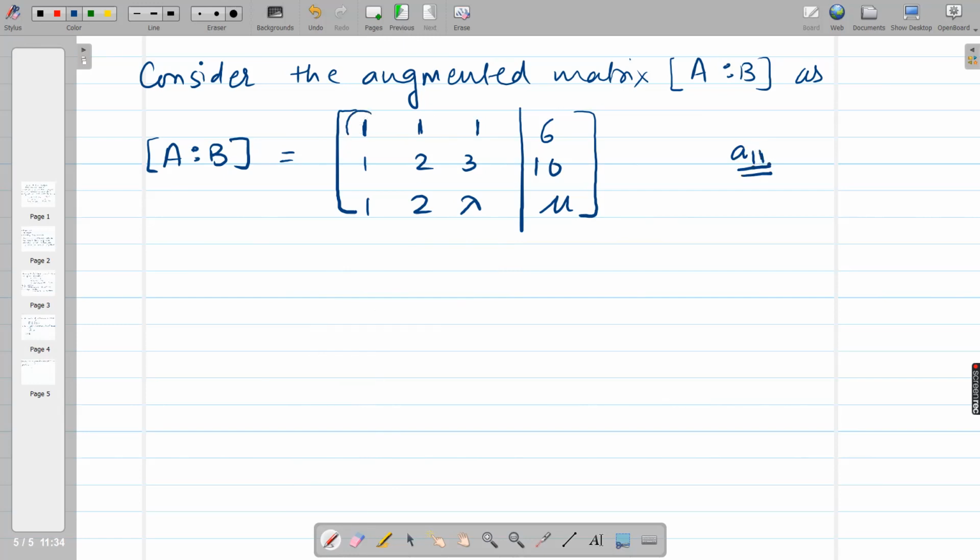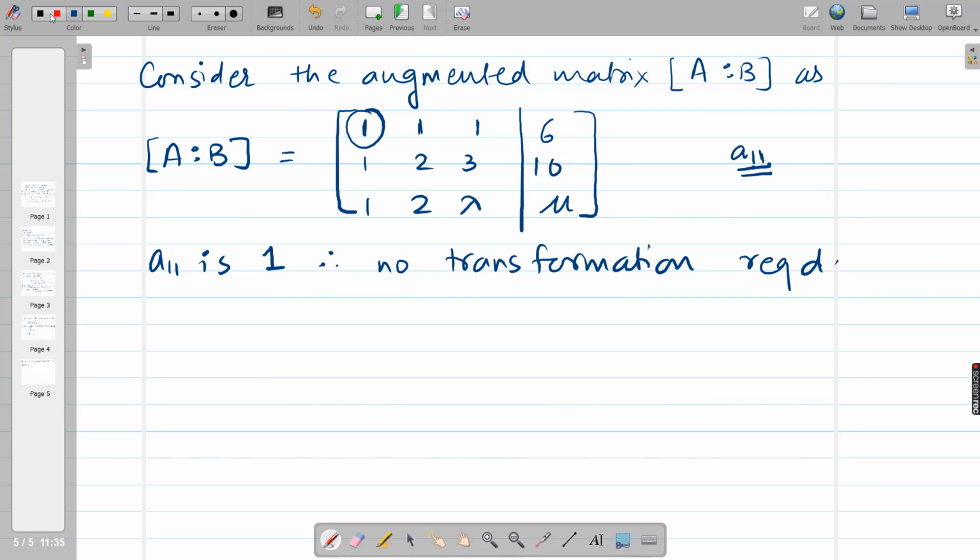So the first element, I will try to reduce it to 1, but it is already 1. So A11 is 1. Therefore, no transformation is required for that. If that number is other than 1, then you will have to divide the whole row by that particular constant to make it 1. So no transformation required here.